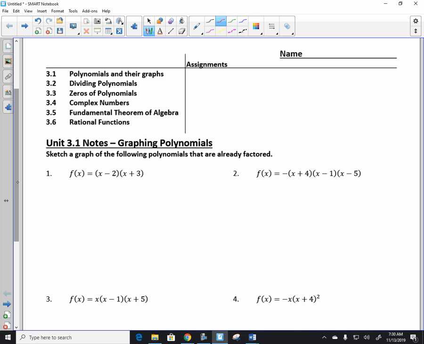So polynomials and their graphs, we checked that out. Dividing polynomials, that's what you're doing today. And then on Monday, zeros of polynomials, which would be the rational roots theorem. And then we look at some complex numbers, the fundamental theorem of algebra, which is super awesome, and the rational functions.